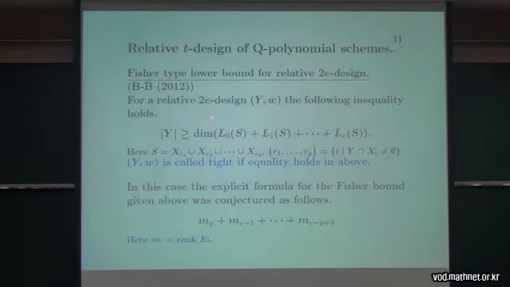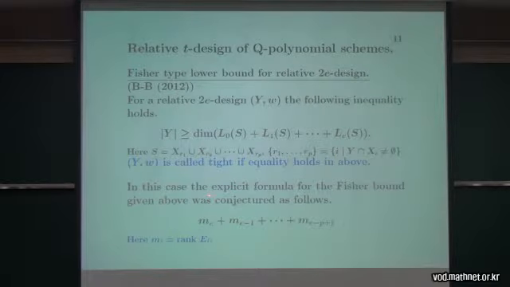If (Y,w) is a relative t-design in a Q-polynomial scheme, then we have the lower bound with this. Here S is the union of p shells, defined in this way. If this equality holds, it is called tight.